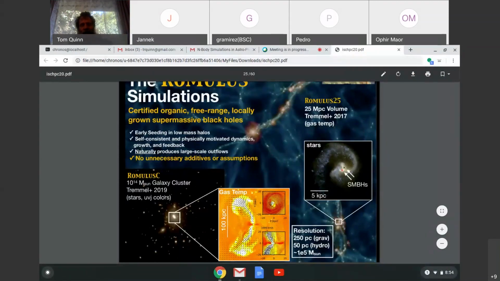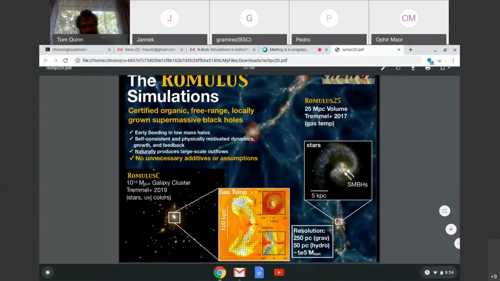We call them the Romulus simulations because of the black hole connection. And this is kind of a brag slide here about how we're able to follow the evolution of these black holes, for example, as they form and merge as galaxies collide. And also black holes, like the black hole in M87, which we recently imaged, cause massive outflows, and we're able to reproduce these outflows pretty much naturally from the simulation.